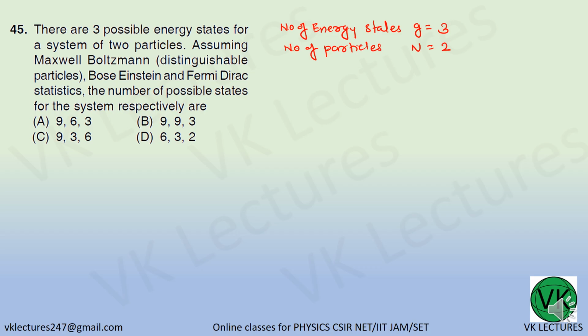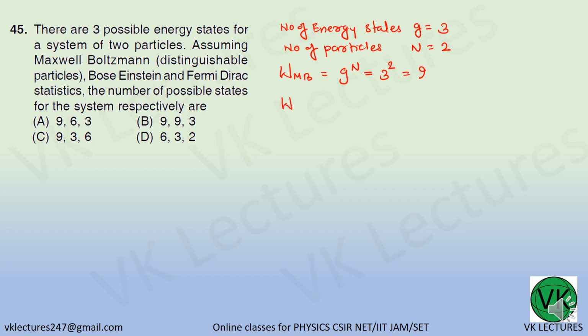According to Maxwell-Boltzmann, the number of possible states omega is G to the power N. So 3 to the power 2 is 9. So 9 possible states are there for Maxwell-Boltzmann.